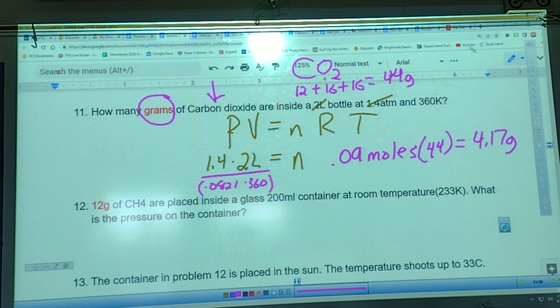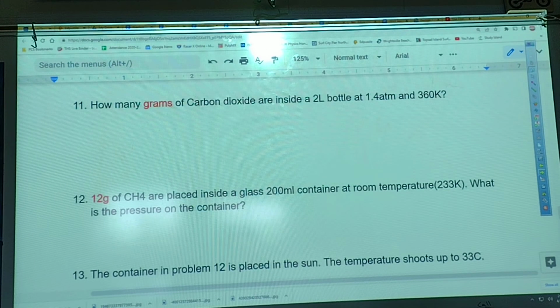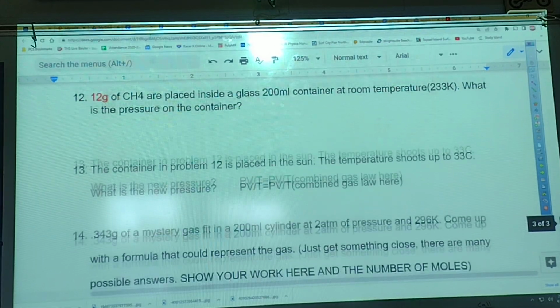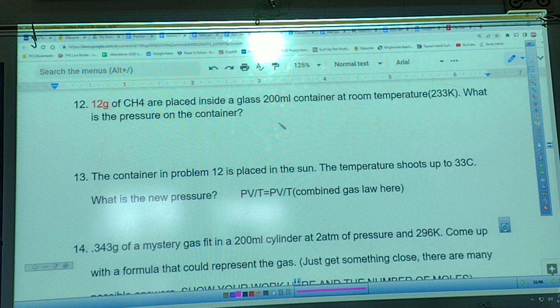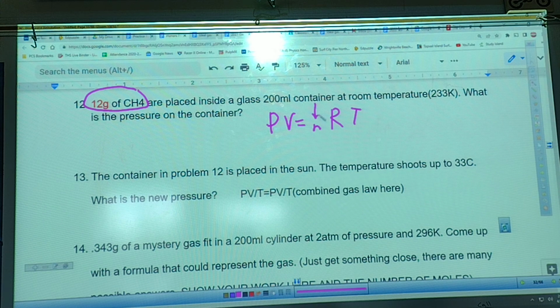All right. And I'll throw this at you too, kids. I'm not going to work this whole problem, but when you do this problem number 12, it's going to say PIV. All right. Now, 12 grams of CH4. You cannot put 12 grams here for n.